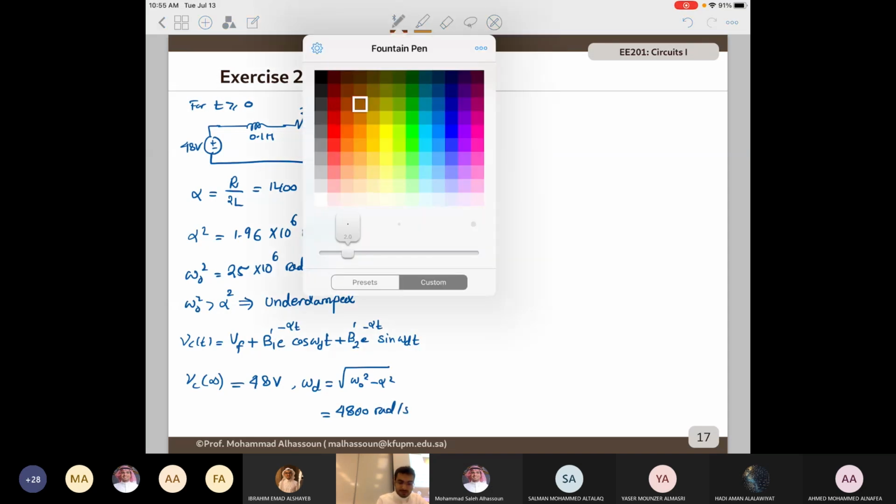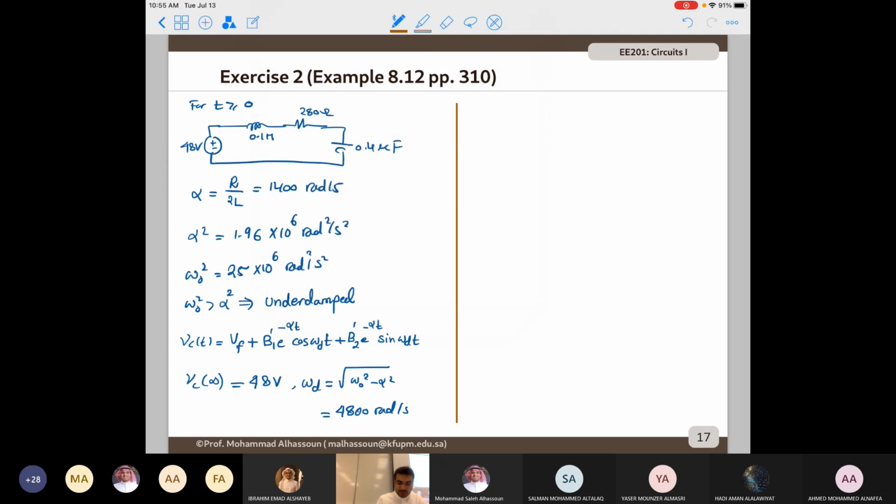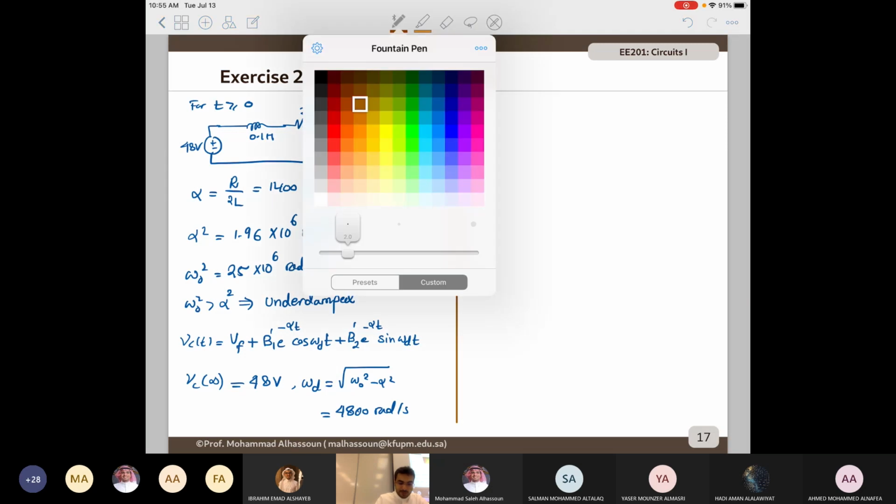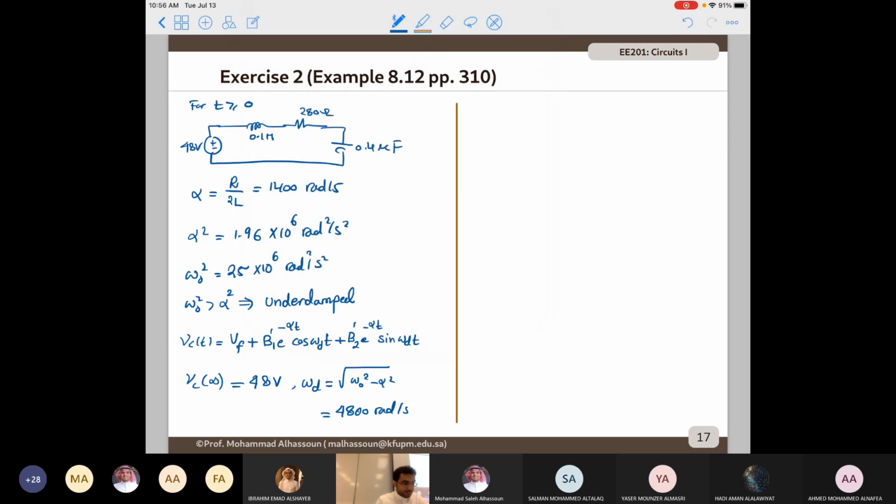Okay, now we need to find B1 prime and B2 prime. In order to find B1 prime, we need to substitute t equals 0 in the general form of the solution.